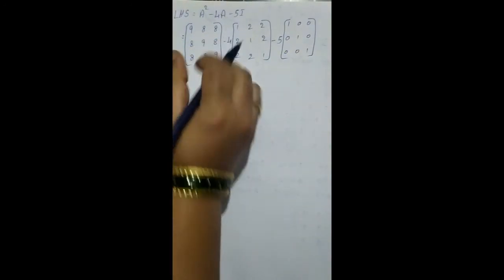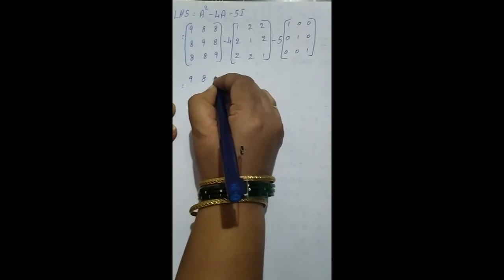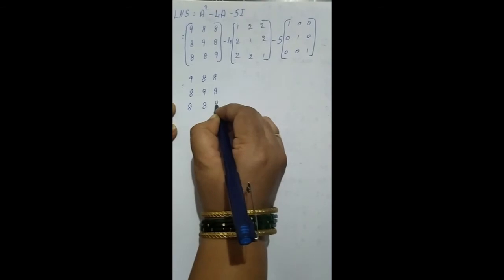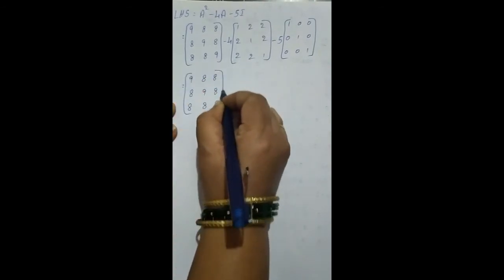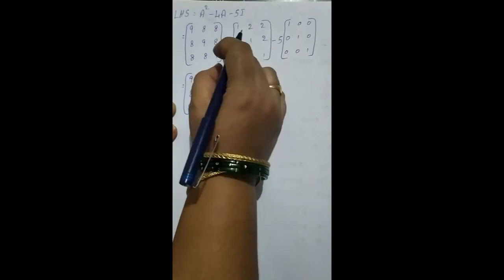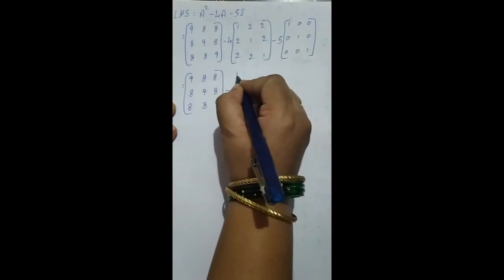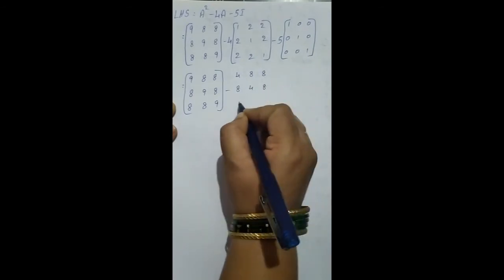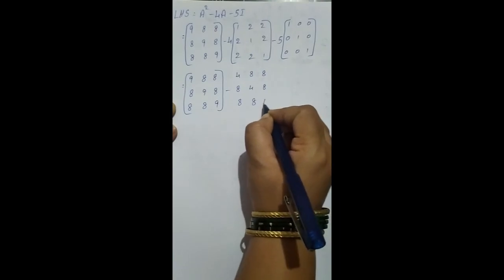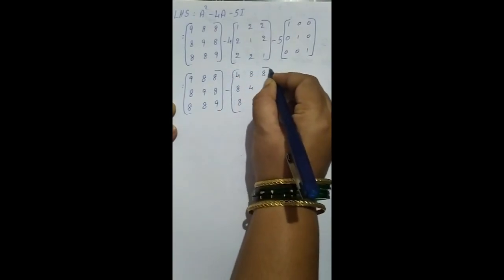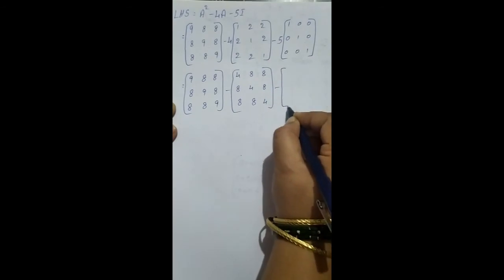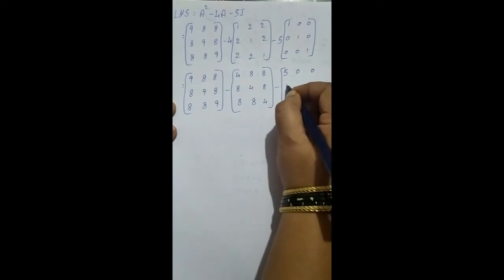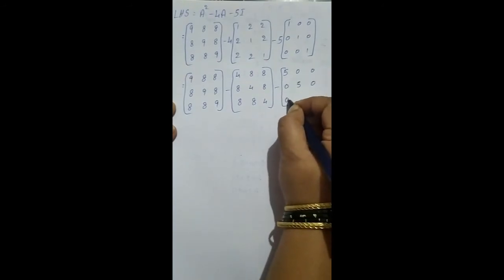That is equal to the same A square matrix written again. Multiply this matrix with 4, that is 4, 8, 8, 8, 4, 8, 8, 8, 4, minus, multiply this matrix with 5, that is 5, 0, 0, 0, 5, 0, 0, 0, 5.